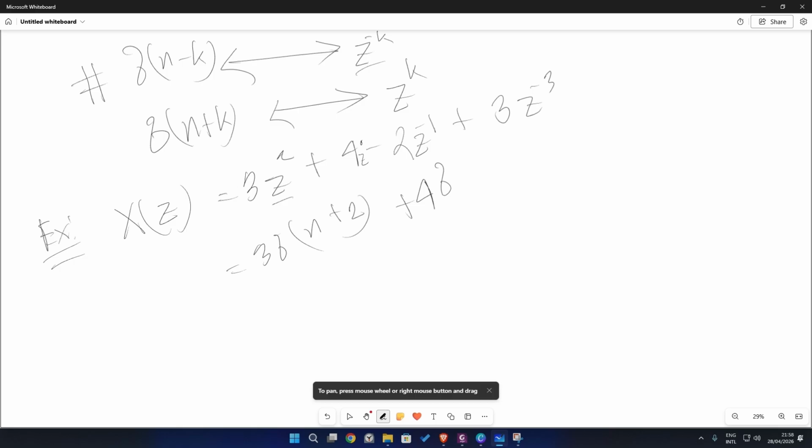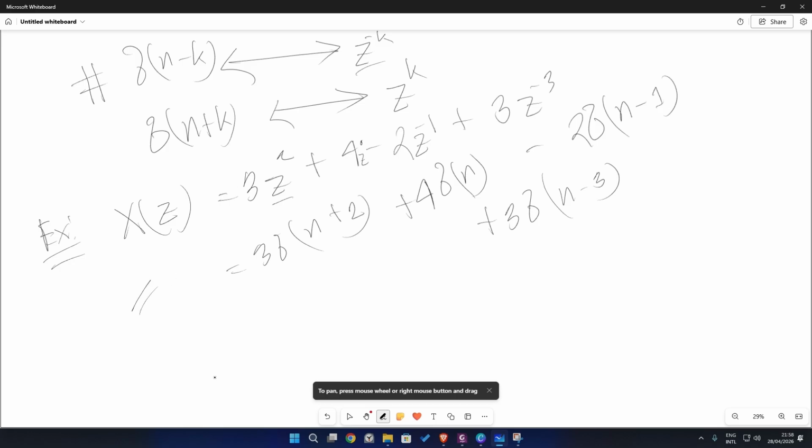So this will be simply delta[n], minus 2 delta[n minus 1], because if the value of minus k is minus 1, then k equals 1, and then we write n minus 1. And lastly 3 delta[n minus 3]. So this is the answer.